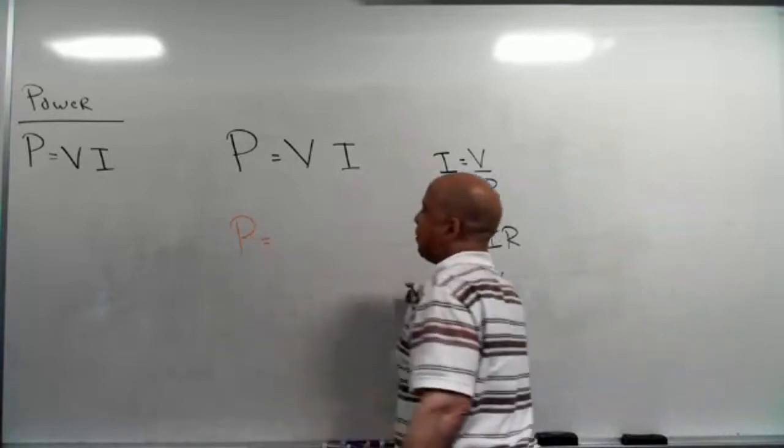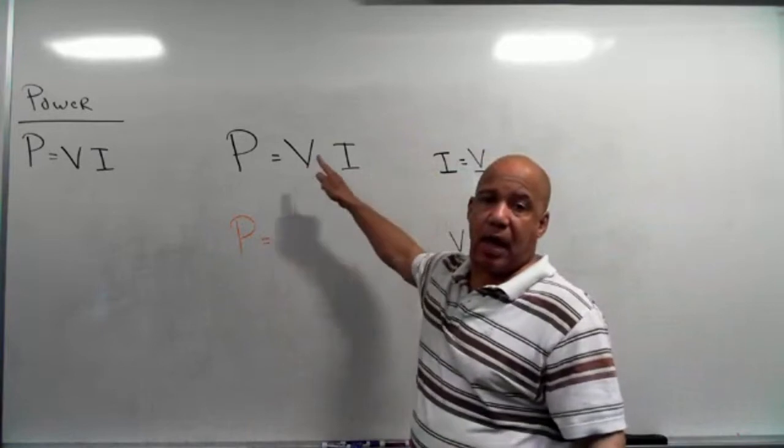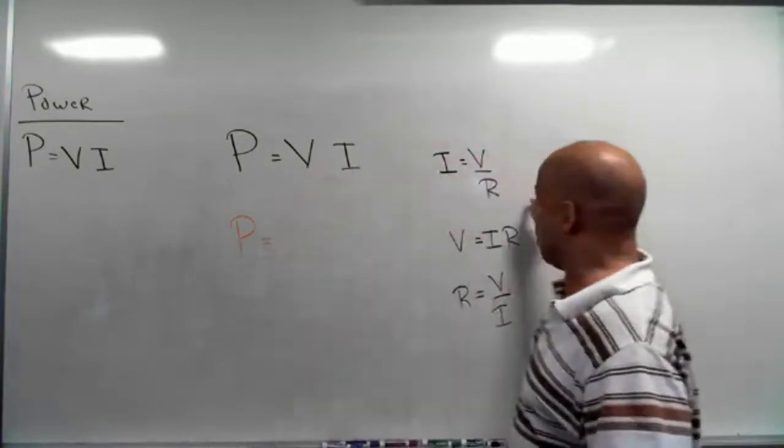So what I could do is take P equals, and instead of writing V, I'm going to write what V is equal to from Ohm's law.